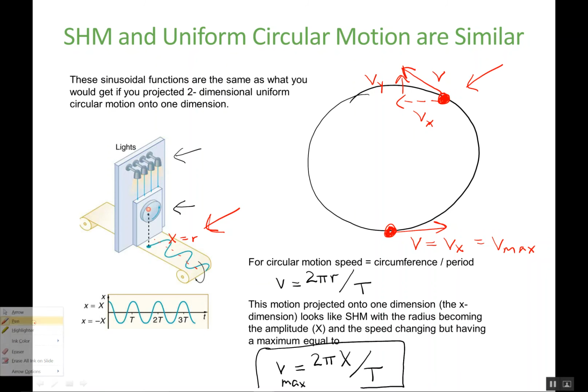So whenever the object undergoing uniform circular motion is at the top or the bottom of its path, like it is right here, all of its velocity is directed in the x direction. And the projection of this motion onto one dimension would exhibit the greatest speed, v max. So where the v occurs in the speed of the particle undergoing uniform circular motion, when we project that onto one dimension, that becomes v max.